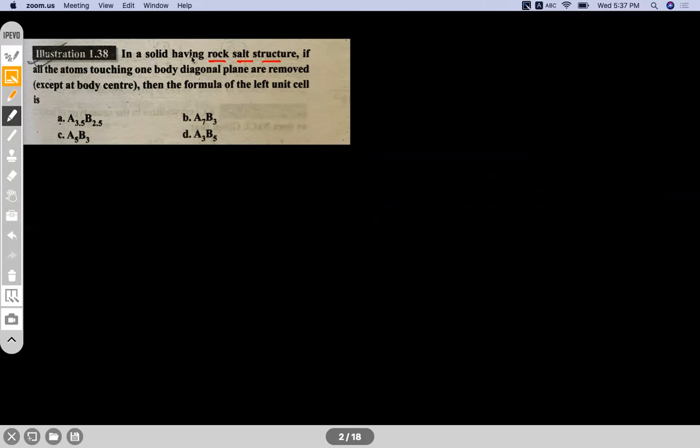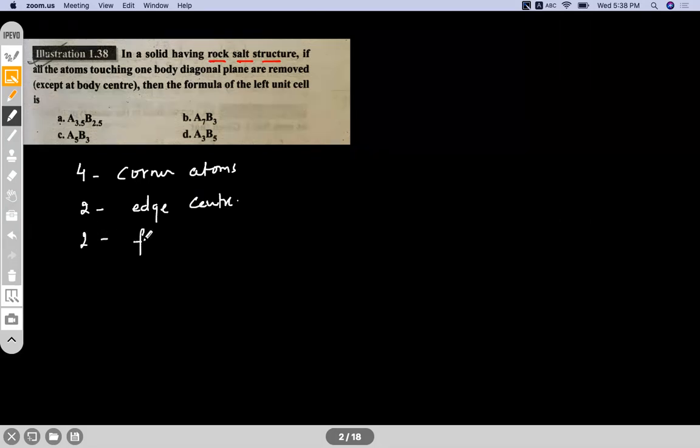The question is, in a solid having rock salt structure, if all the atoms touching one body diagonal plane are removed except the body center, then what is the formula left in the unit cell? So all the atoms touching one body diagonal plane are removed. Which plane is it talking about? The same plane as in that other question, from the top edge and the diagonally opposite bottom edge.